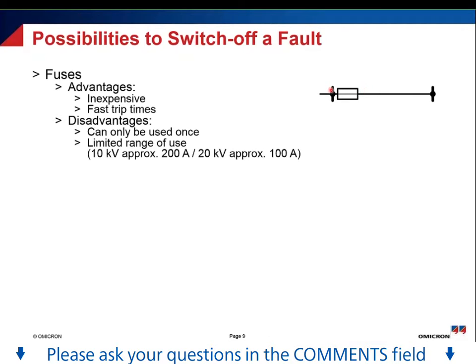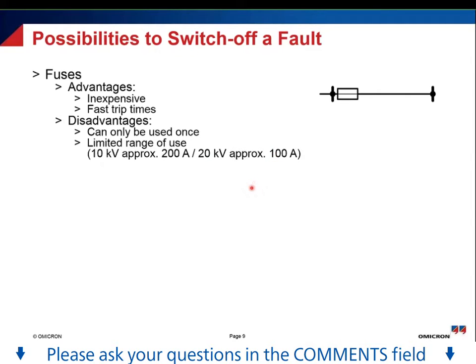And with this, you can achieve pretty fast trip times. But the problem is that these fuses can only be used once, and they have a somewhat limited range of use. For example, for a 10 kV network, it's approximately 200 amps, and for a 20 kilovolts network, it's about 100 amps.